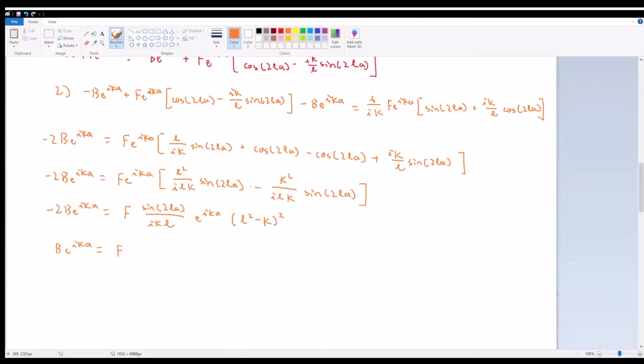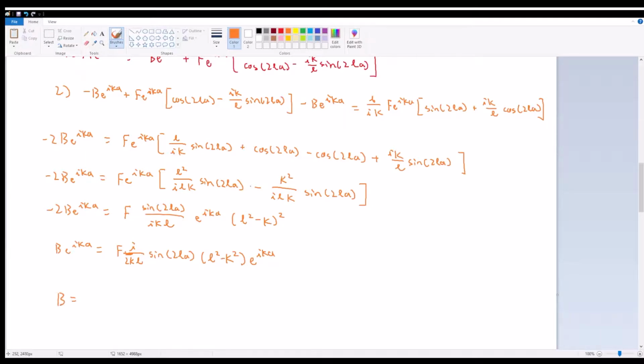So this is going to be i over kl times, and then add a 2 at the bottom because I'm moving the 2 over. So i over 2kl times sine 2la times l squared minus k squared times e to the ika. And with that, if we look back above, actually, I need to cancel out the e to the ika first.